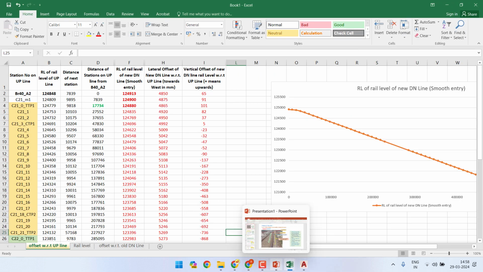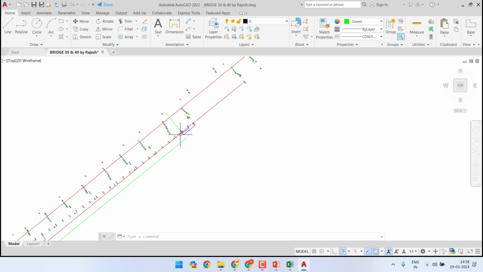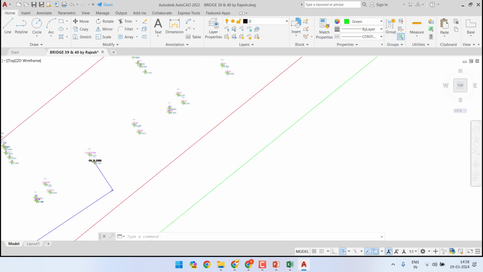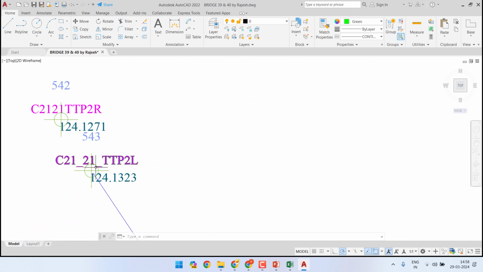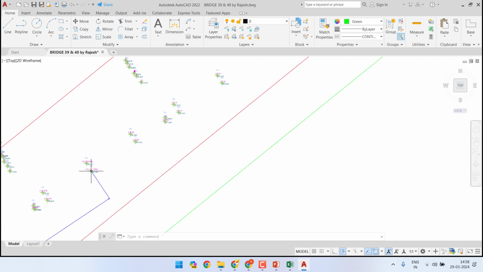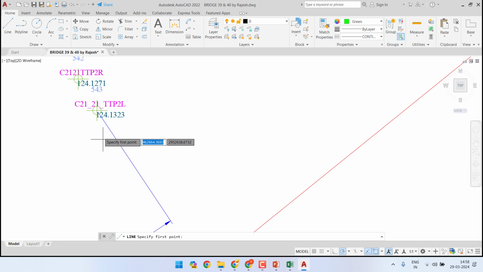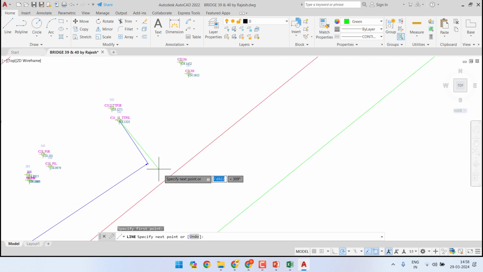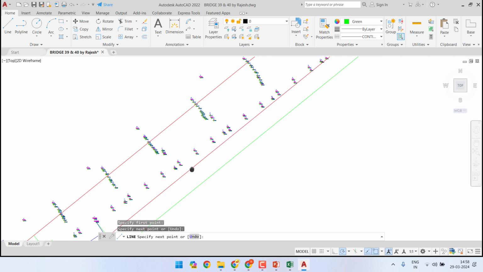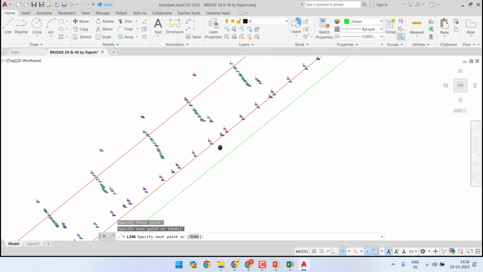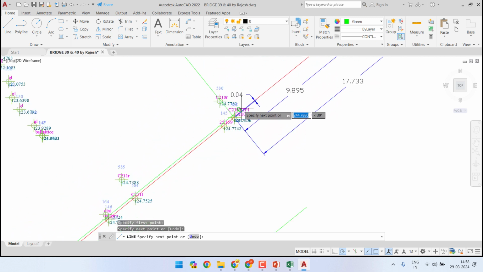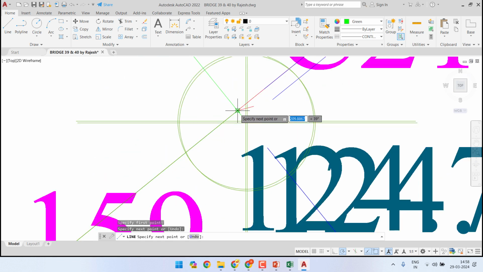We can assume that the location of the TTP2 of the curve is correct here, and then we drop a perpendicular from this to the first terminal tangent, and then we draw another line from here till the first terminal tangent of TTP1.